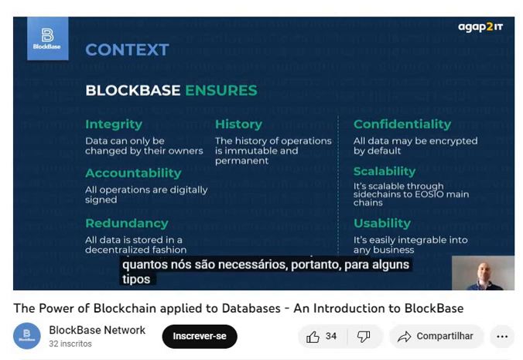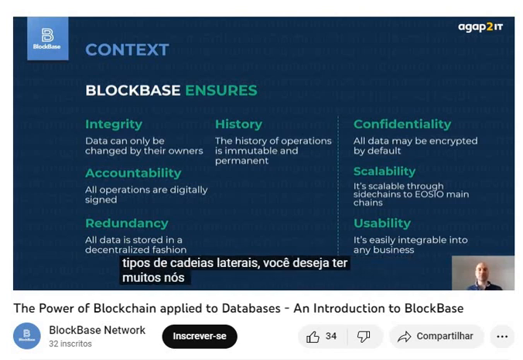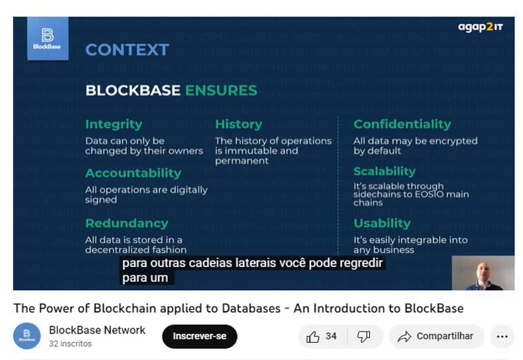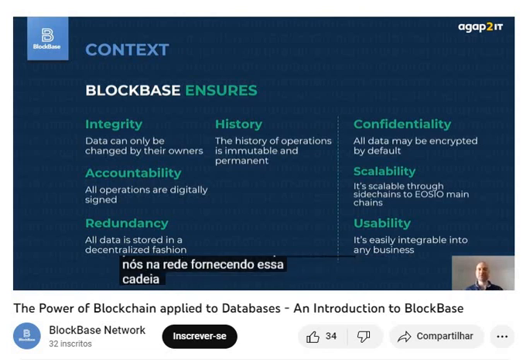For some types of sidechains, you want to have a lot of nodes because you need a lot of redundancy and a lot of security. And for other sidechains, you can request a smaller number of nodes on the network providing that sidechain specifically.